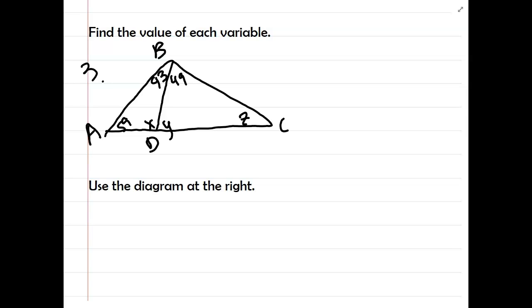A, D, B, right? I can find X first by the exact same way we did the other 2, right? These three angles add up to be 180. 59 plus 43 should give me 92. Not feeling super confident in my math today. Anyway, is that right? 59 plus, no. 102.